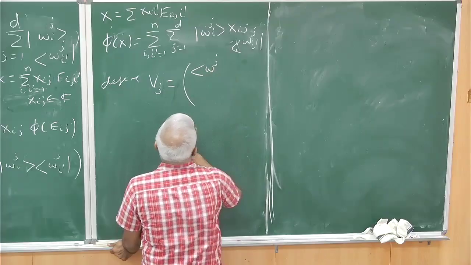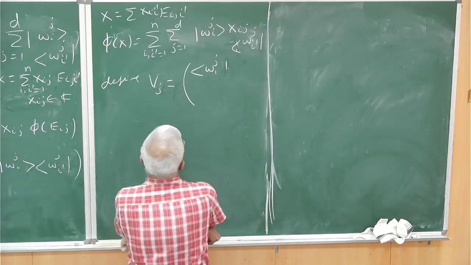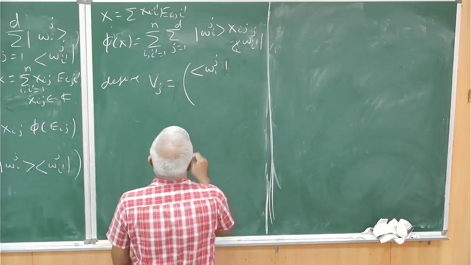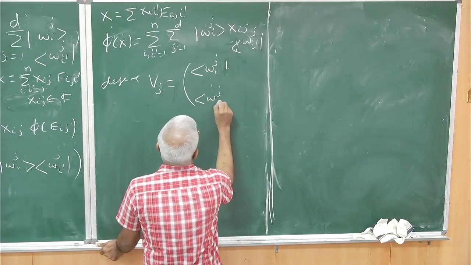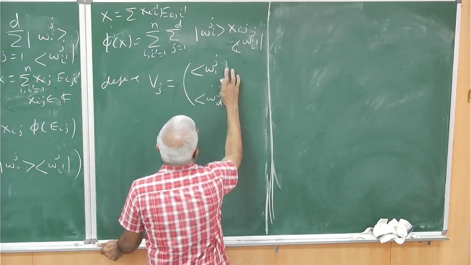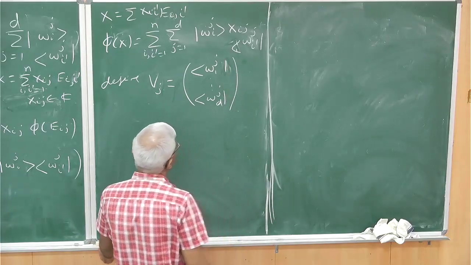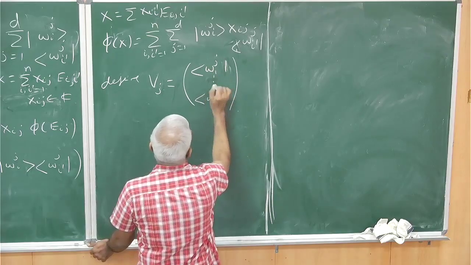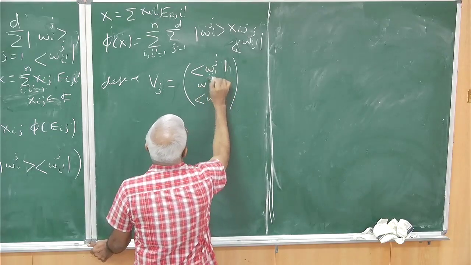Omega j 1 up to omega j d. Here we get, of course, omega j here.